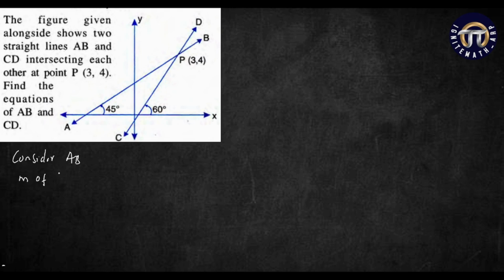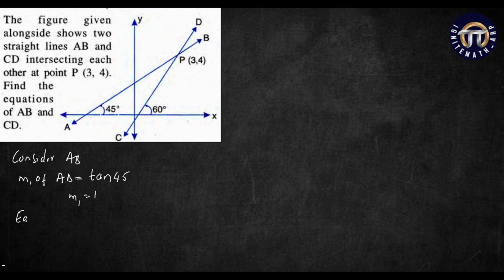M of AB, that is the slope of AB, is equal to tan of the angle of line AB, which is 45 degrees. So that is equal to 1. I'll just call it M1 since there are two lines over here.